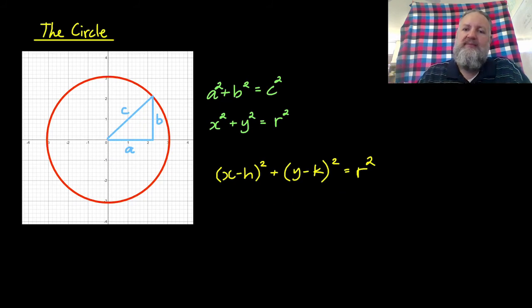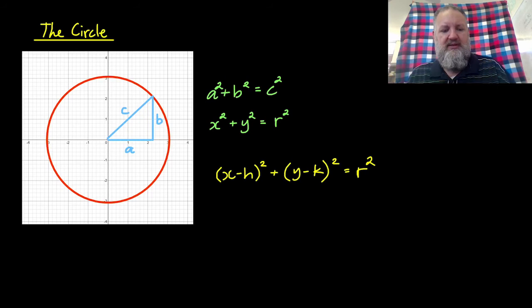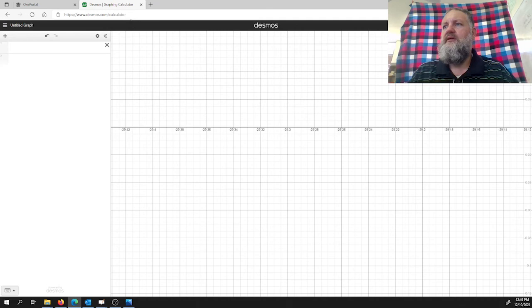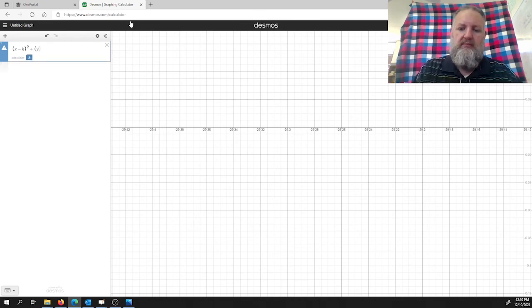Here it is here. Let's get old Desmos up and I'll show you, I'll make a circle in here. All right, so let's get rid of this asymptote and hyperbola, and we will say that x minus h to the power of 2 plus y minus k to the power of 2 will be equal to r squared.